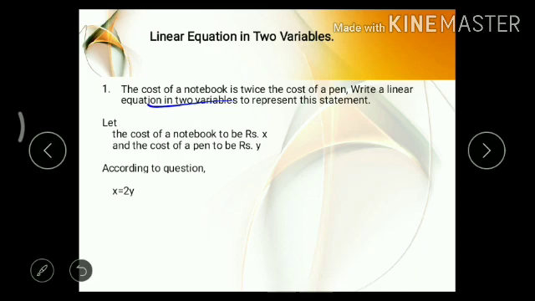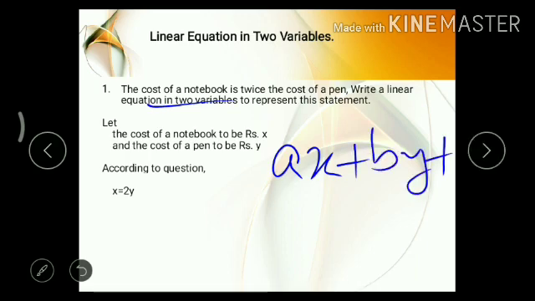After writing this, we know that the general form of a linear equation is ax plus by plus c equal to 0. So after the equal sign, we should write 0. This twice y we shall take to this side.